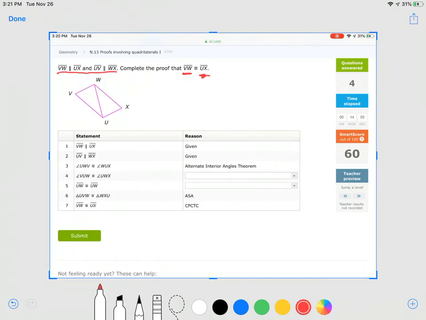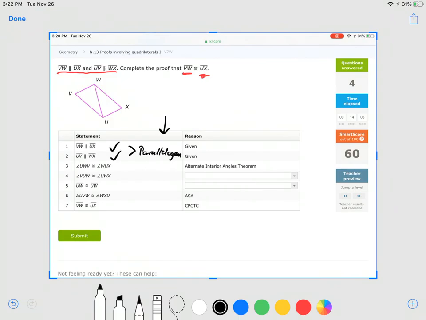So let's look at the proof. The first couple steps are given information. These two imply that you're looking at a parallelogram. It's not necessary to know that for this proof, but since in these videos I had been using all of these properties about parallelograms, it's nice to realize that what we're about to do here is a proof regarding one of those facts.